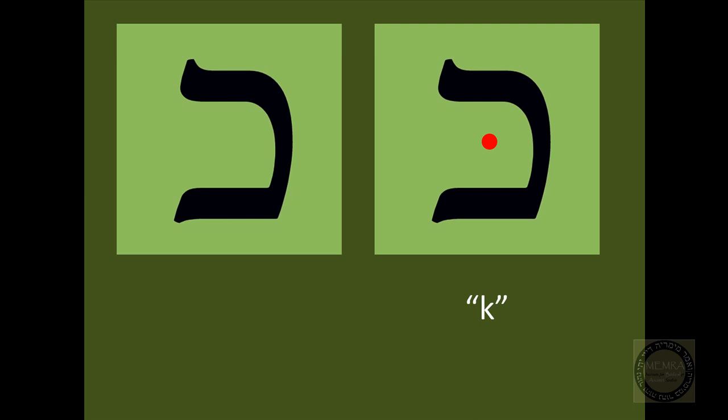We have k, kaf, and without the dot, we could have k or ch, the ch sound as in chet, but again, there's really no real difference, but some will try to transliterate a difference.